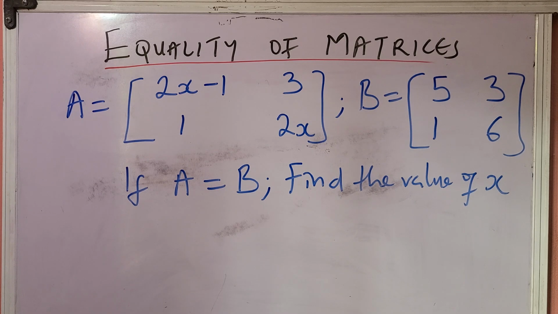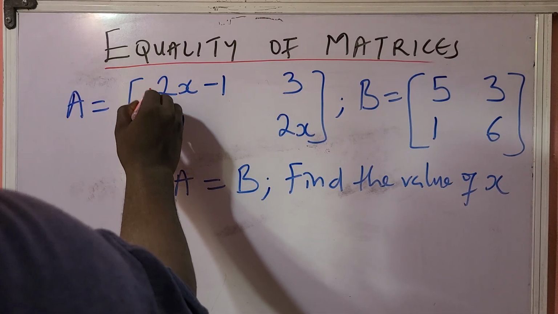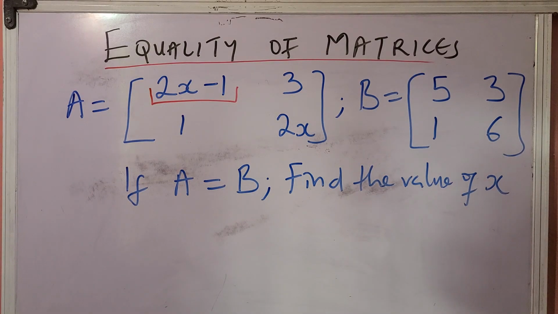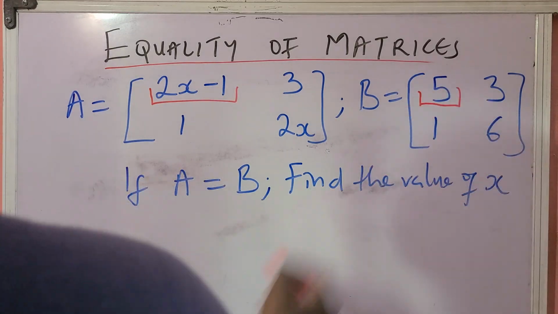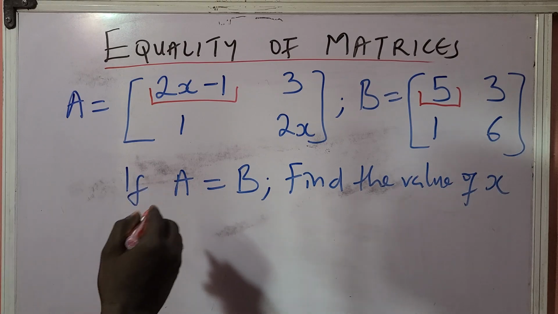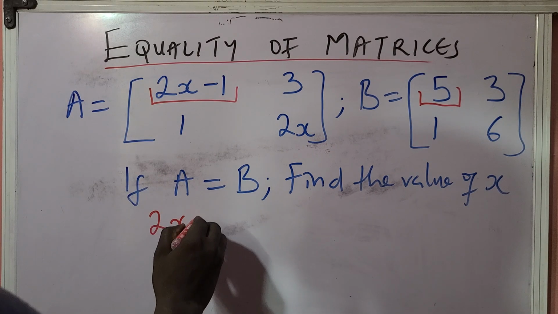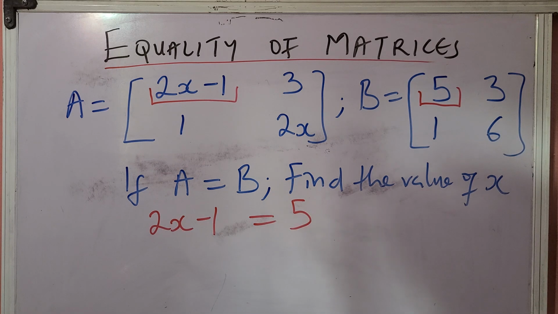So therefore, we can conclude that if these two matrices are equal, then this element in row 1 column 1 must be the same as the element in row 1 column 1 of the other matrix. So we can conclude that 2x minus 1 must be equal to 5 since these two matrices are equal.